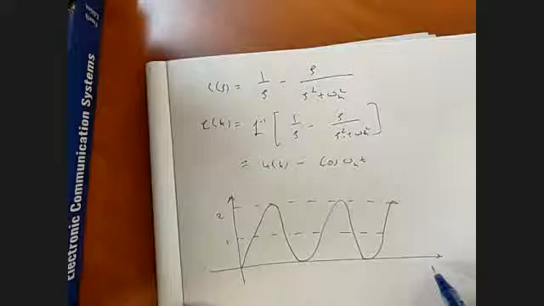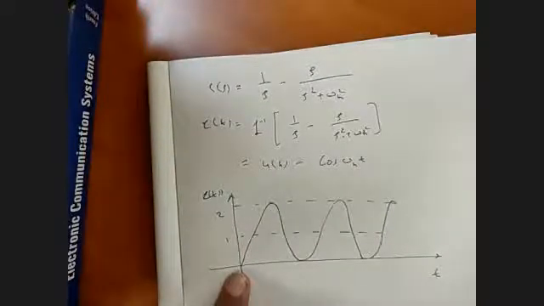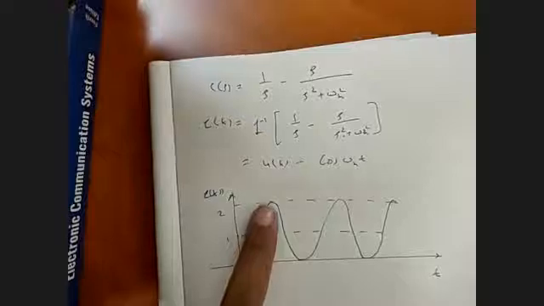When cos omega n t is minus 1, this will become plus 1, and when cos omega n t is 1, it will become 0. So when it is 1 the response is 0, and when it is minus 1, it will be 1 minus of minus 1, that will become 2.